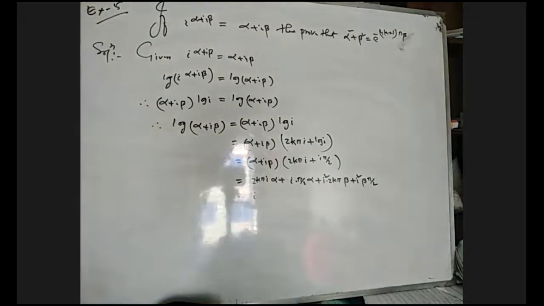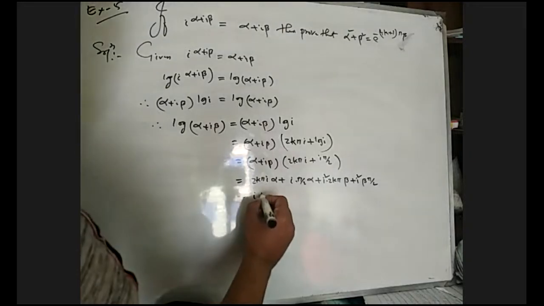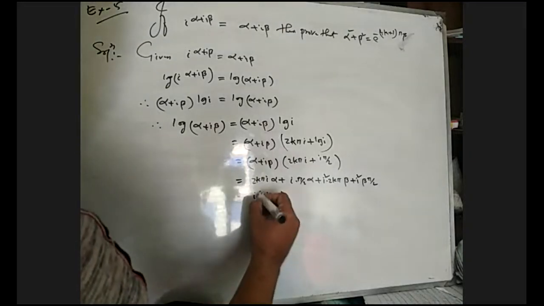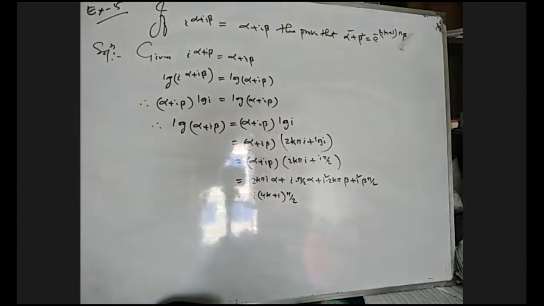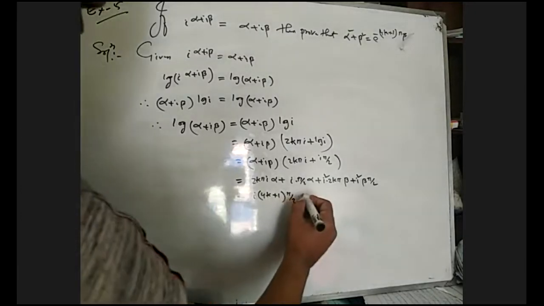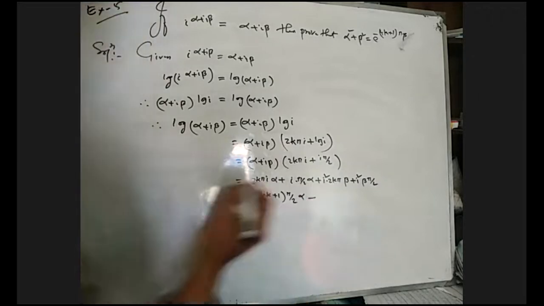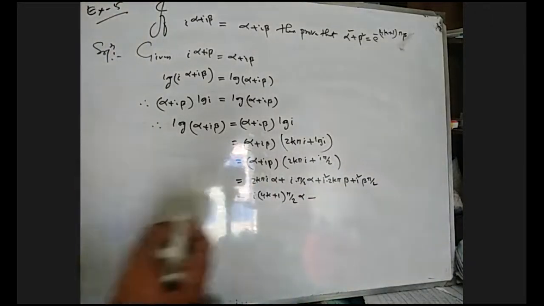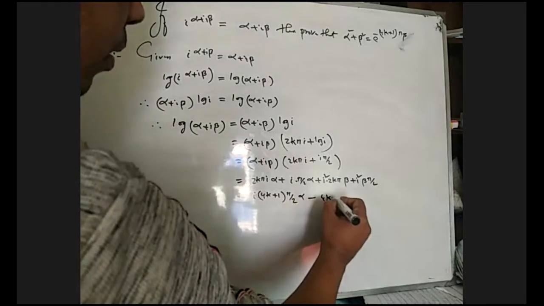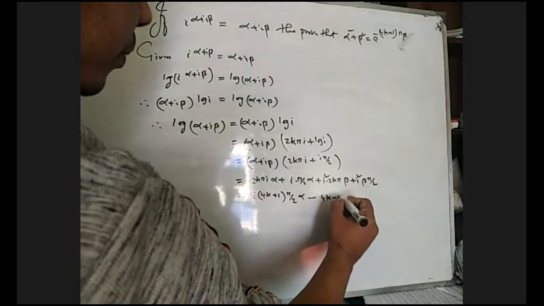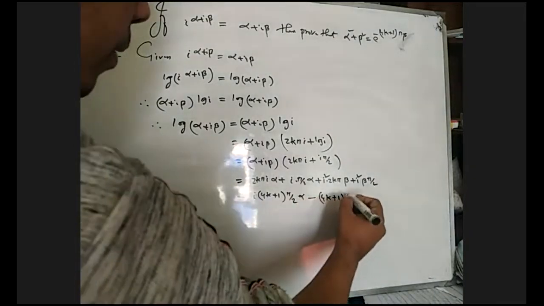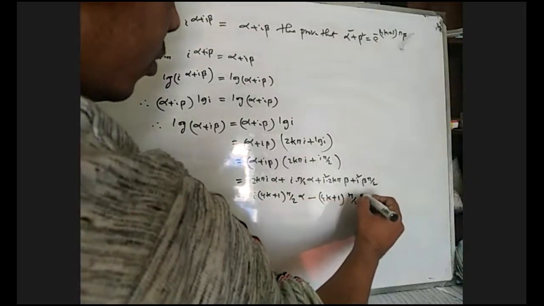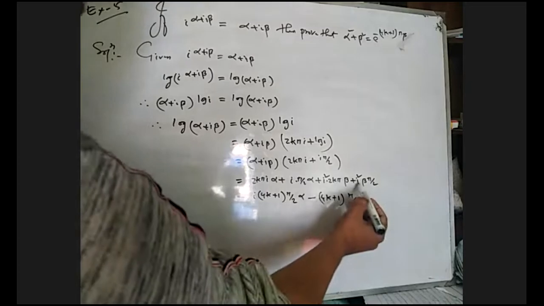Now separating real part and imaginary part, i into what will be: (4k plus 1) into pi by 2 alpha, minus (4k plus 1) pi by 2 into beta. i square means what? Minus 1.